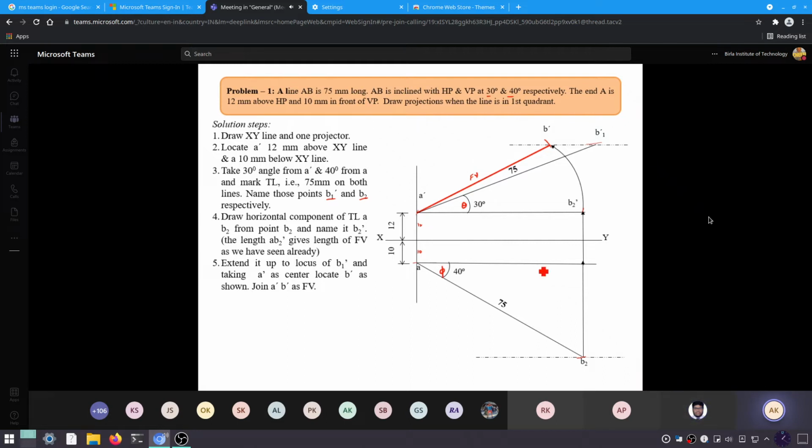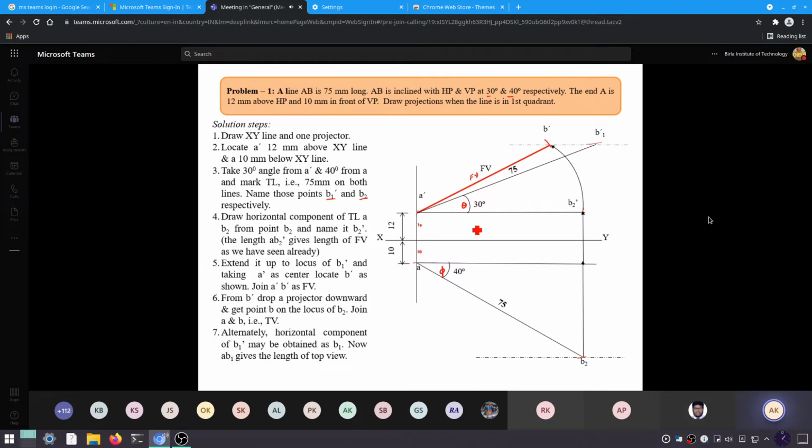So front view length is actually obtained by dropping B2 over the locus of A. And we get the angle from the locus of point B1 dash. This will be the front view.